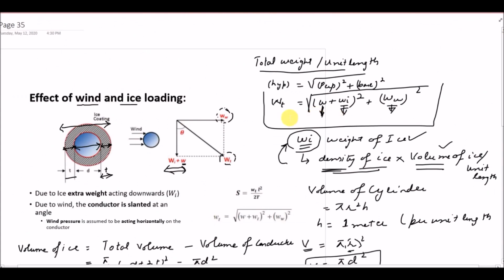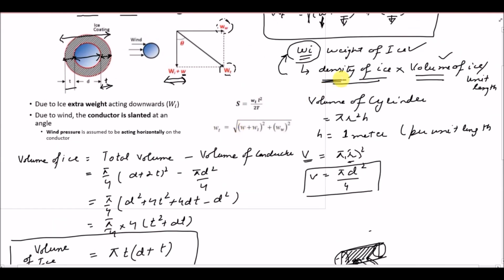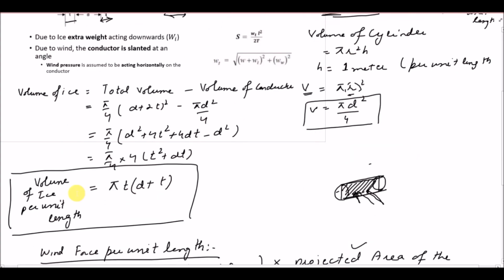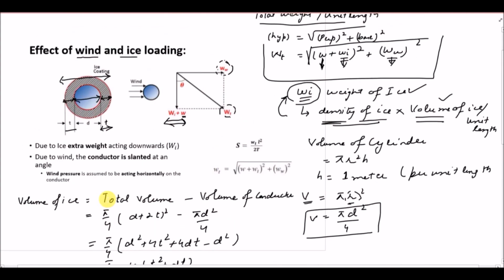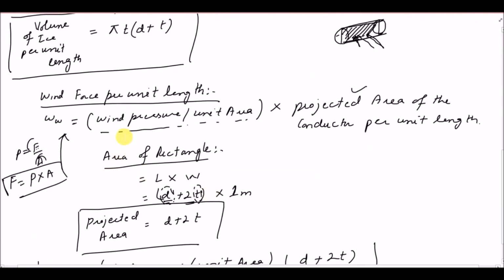So now we have calculated all the values that are needed for the calculation of the total weight. We already know the weight of the conductor. Then we calculated the formula for the ice loading, which is density of ice into volume of ice. So we calculated the formula for volume of ice and multiplied it with the density of ice. We got Wi. And for the wind force, we calculated it by using the formula wind pressure per unit area into projected area.